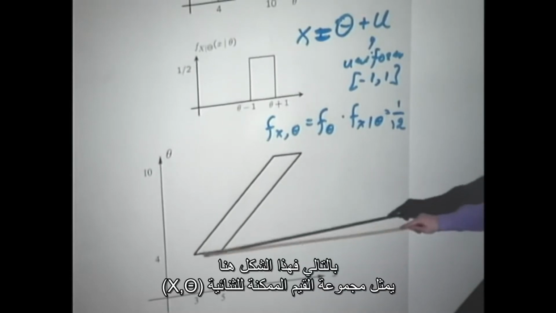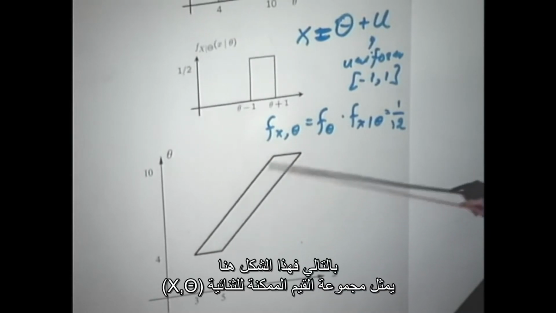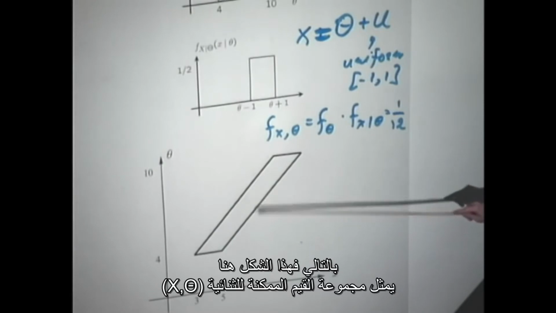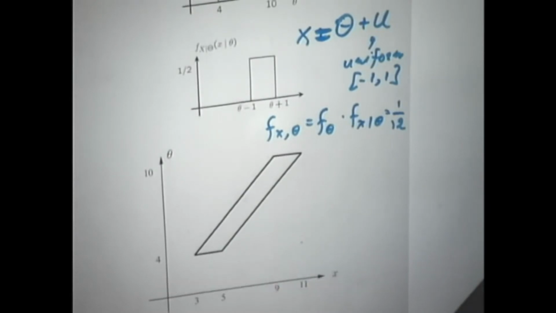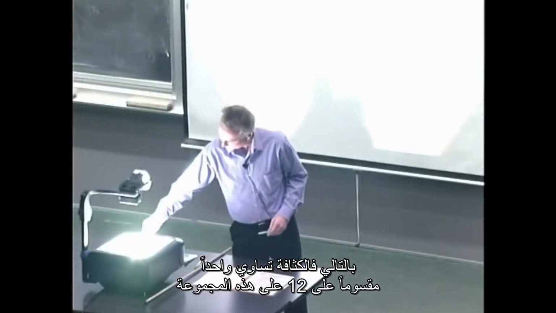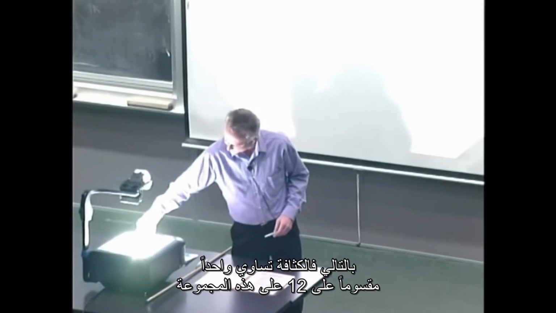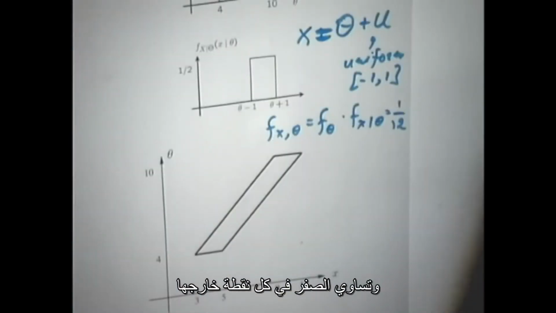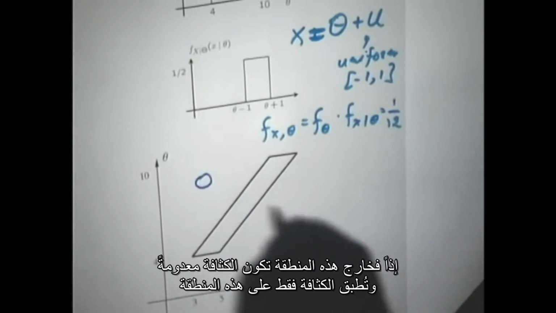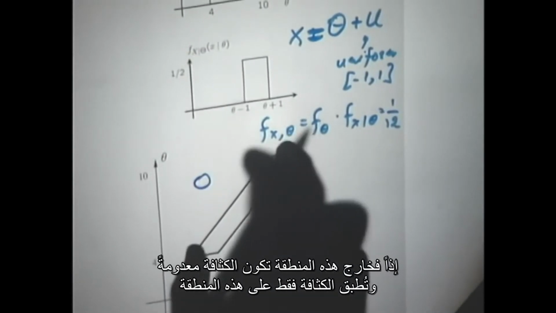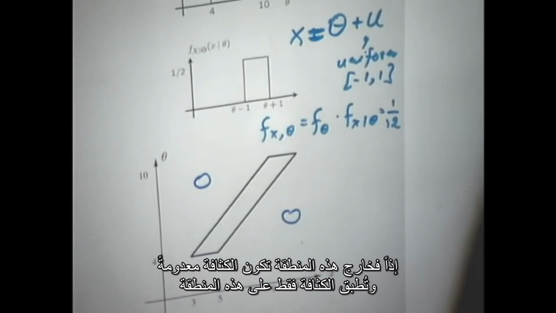So this object here, this is the set of possible x and theta pairs. So the density is equal to 1/12 over this set, and it's 0 everywhere else. So outside here, the density is 0.